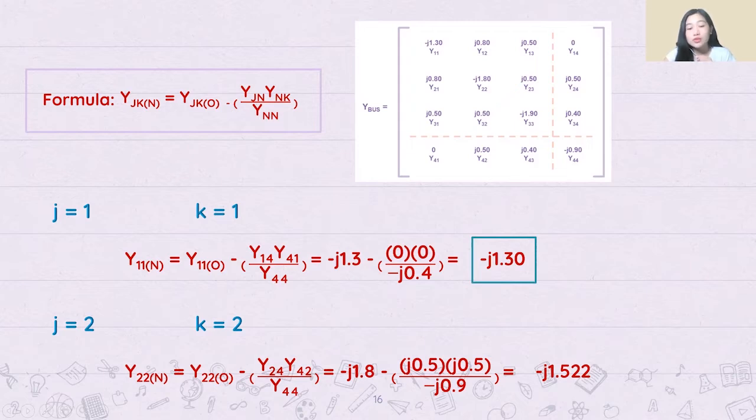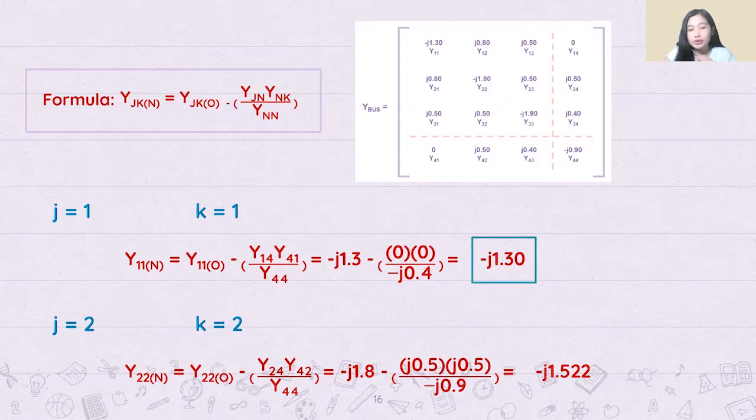Now, we just have to substitute. By substituting, our Y22 is equivalent to negative j 1.8 based on our matrix. Then our Y24 is equivalent to j 0.5. You can refer to the matrix as well. Lahat ng values makikita mo dyan, designated na pati, kaya madali na nating maiintindihan.